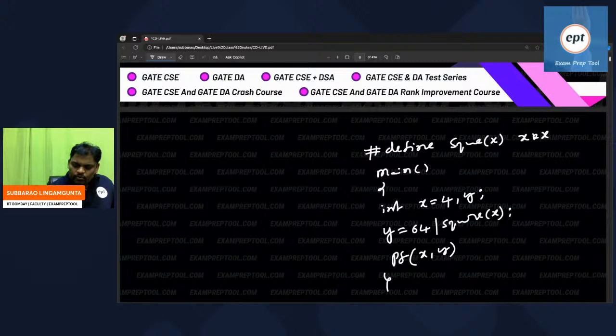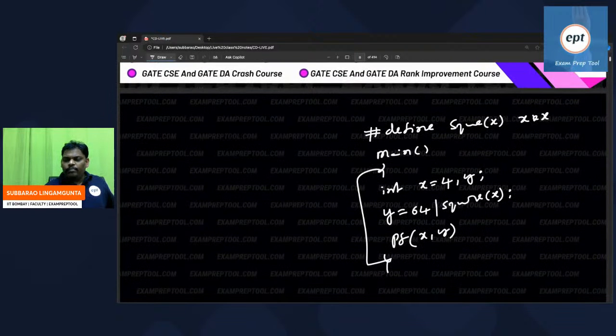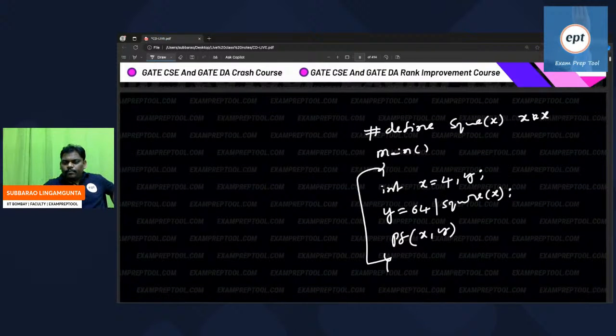Can anyone guess what is the output of this program? As defined, square of x is x into x. So main, int x is equal to 4, comma y. y is equal to 64 by square of x. So printf x comma y. Can anyone guess the output?